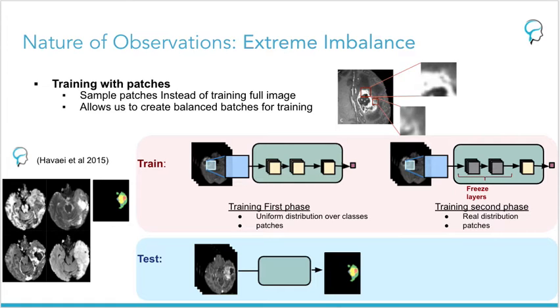And even in the unhealthy class, we sample more patches from, for example, classes that are more probable in the data set. For example, the green class in the image that I showed you, because it occurs more, right? So this is the second phase. This way, the classifier has a better knowledge of the prior probability of each class.